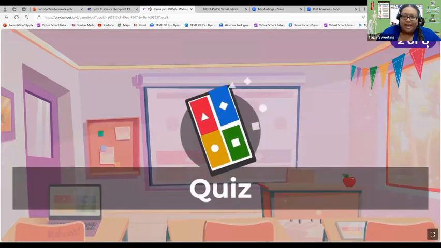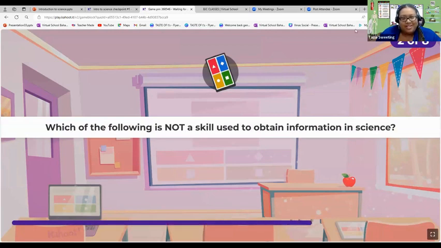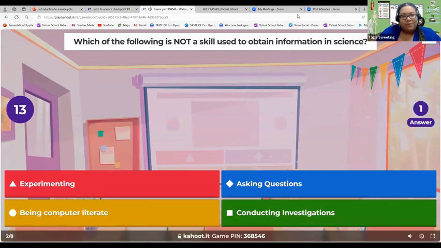All right. Next question, number 2. Which of the following is not a skill used to obtain information in science? Is it experimenting, asking questions, being computer literate, or conducting investigations?